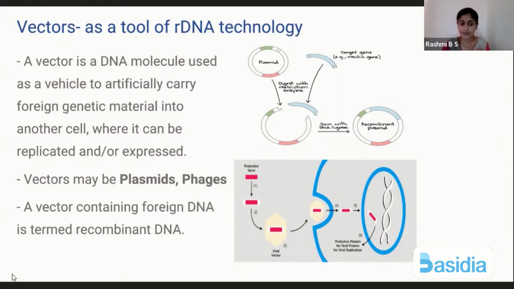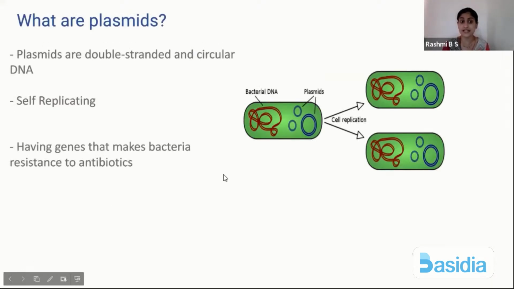Let us study some plasmid characters, and then we'll come back to the slide. First, we'll understand what plasmids are. I don't know how many of you are aware of the word plasmid, so I thought of giving a one minute introduction.